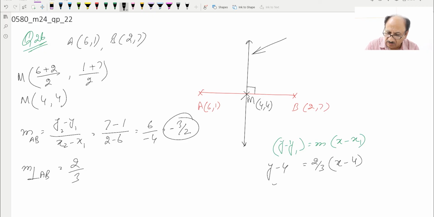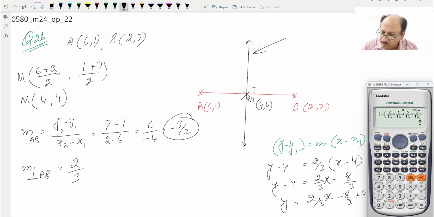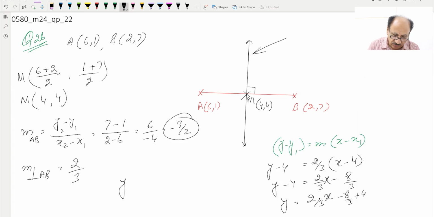We just need to open the bracket, and this will be y minus 4 is equal to 2 by 3 x, minus 8 by 3, which we missed here. So y equals 2 by 3 x, minus 8 by 3 plus 4, which is equal to 4 by 3. So the final equation will be y is equal to 2 by 3 x plus 4 by 3.